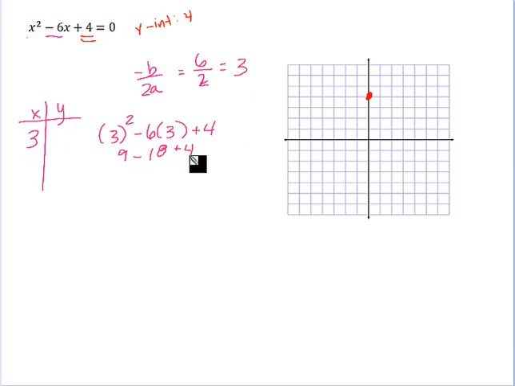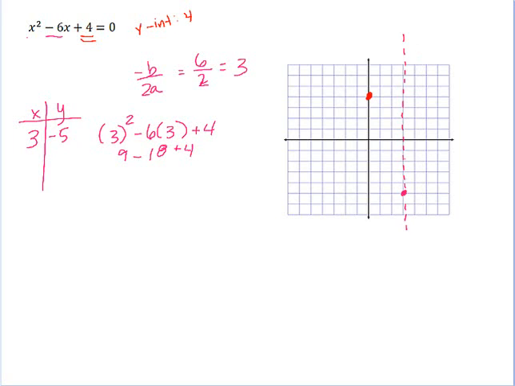Well, 9 minus 18 is -9, and then if we add 4 on, we have -5. So we have the point 3, -5. This is our vertex and our axis of symmetry.